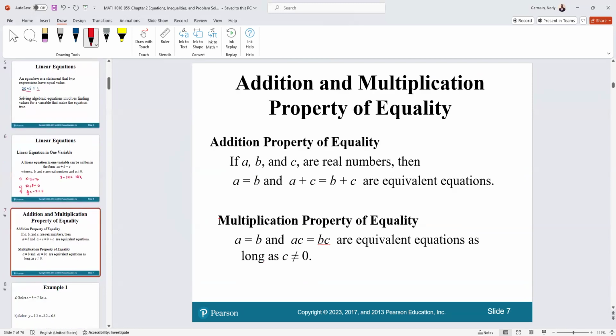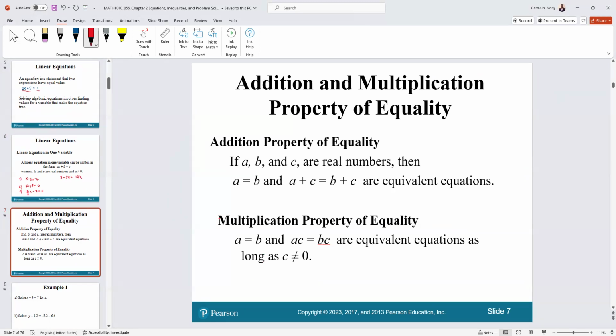Addition and subtraction property of equality. So the addition property of equality: if a, b, and c are real numbers and a equals b, then if you add the same number to both sides, the result is equivalent.